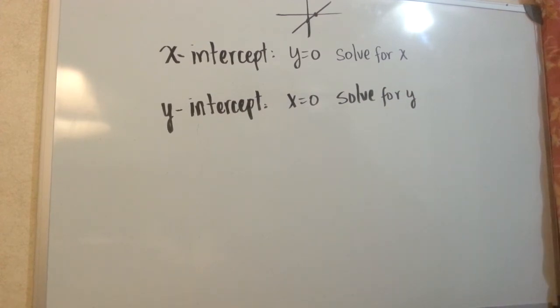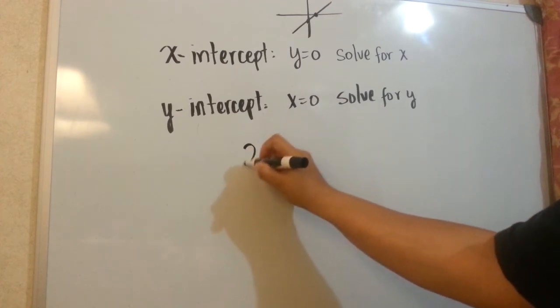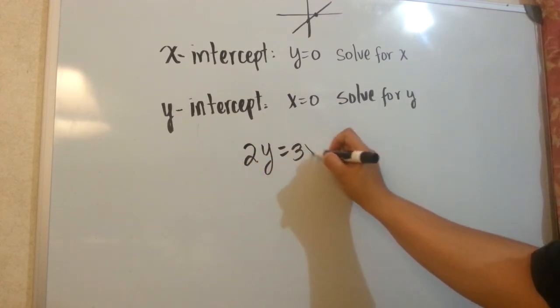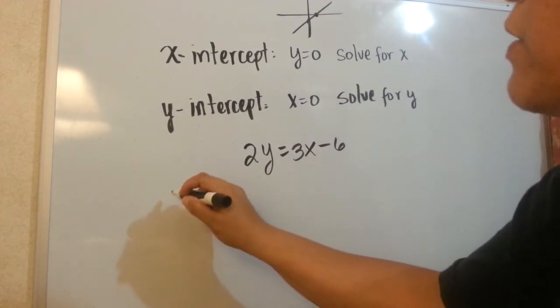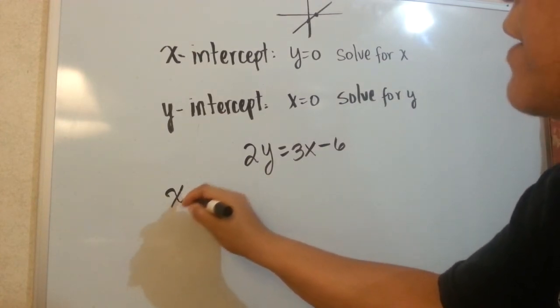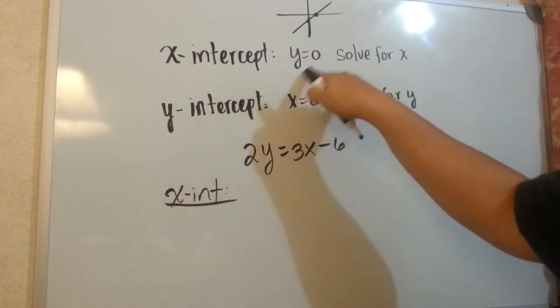So, for example, 2y equals 3x minus 6. You want to solve for the x-intercept. So you would say y equals 0.